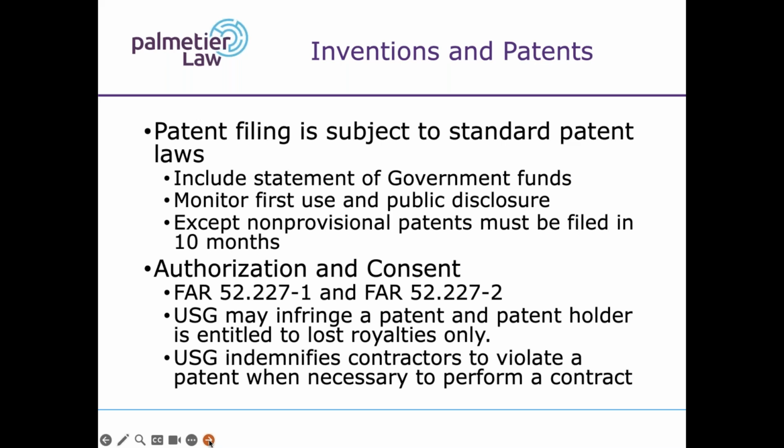But as the patent holder, it goes to show that there is this consequence out there that government contractors and the government may infringe your patent and you can sue the government, but you're going to recover lost royalties only, not damages.